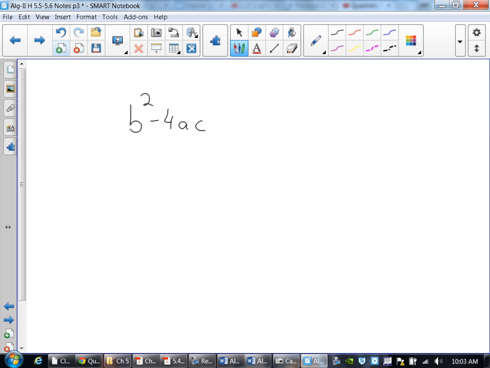Yep. So if this is positive, you have 2 real solutions, because you'll have like 6 plus or minus the square root of 8 all over 5. Something along those lines, just some crummy decimal answer.